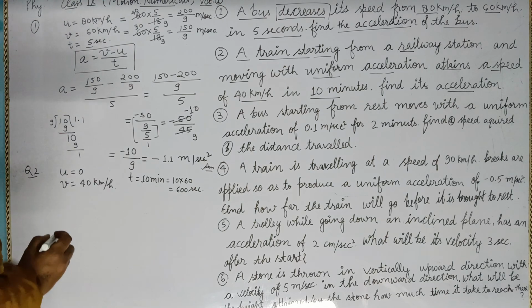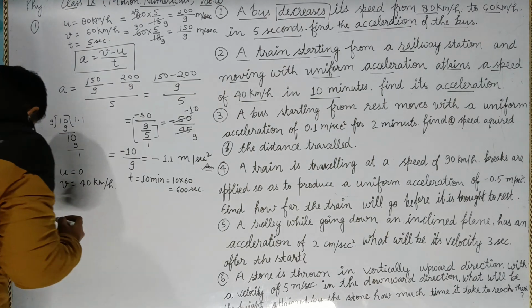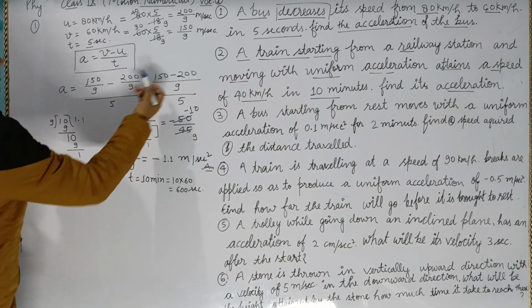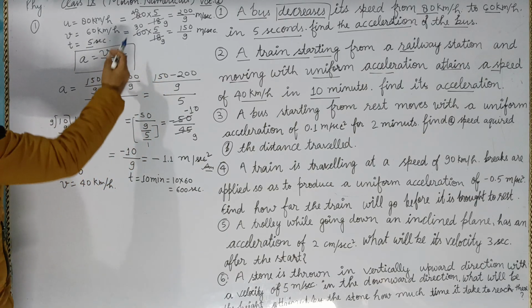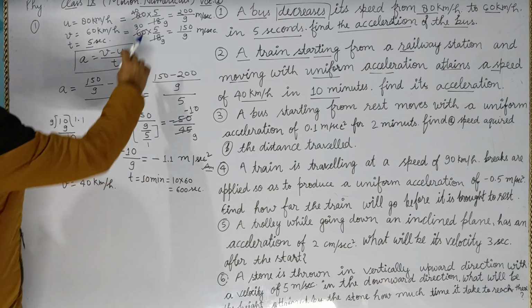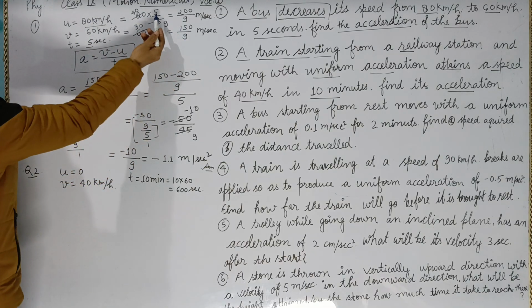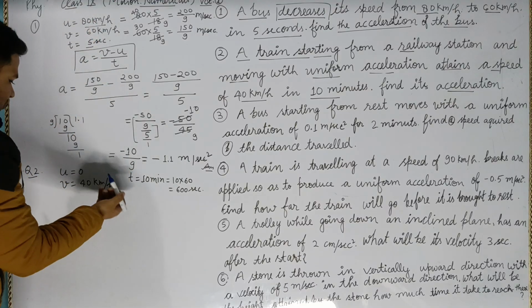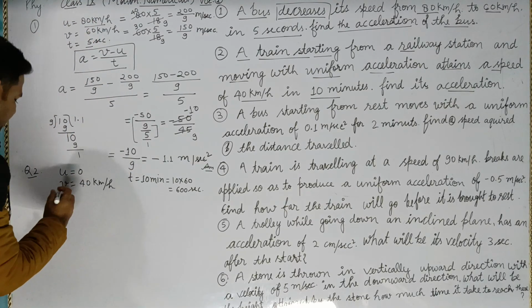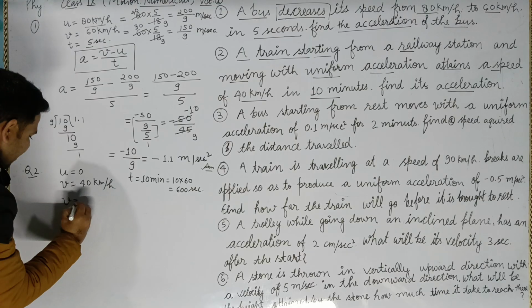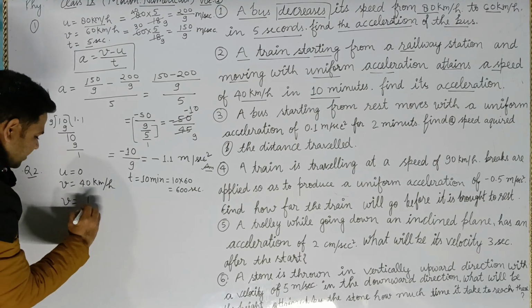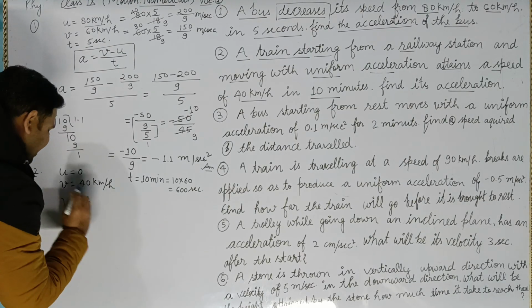Find its acceleration. We know that in the above question, we converted kilometer per hour into meter per second by multiplying by 5 by 18. So here also we multiply by 5 by 18 to convert 40 km per hour into meter per second.